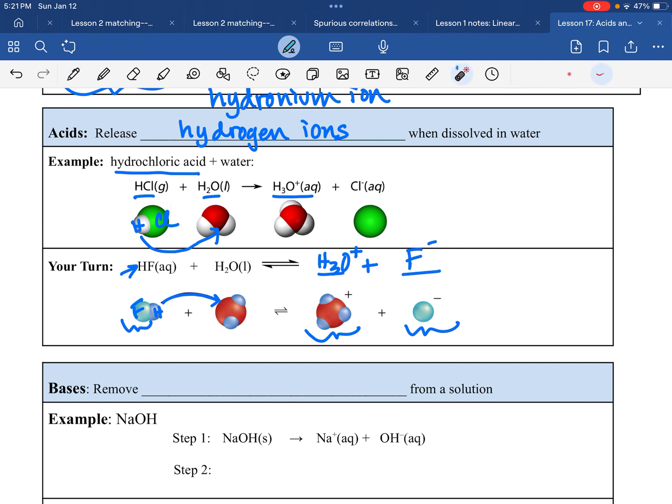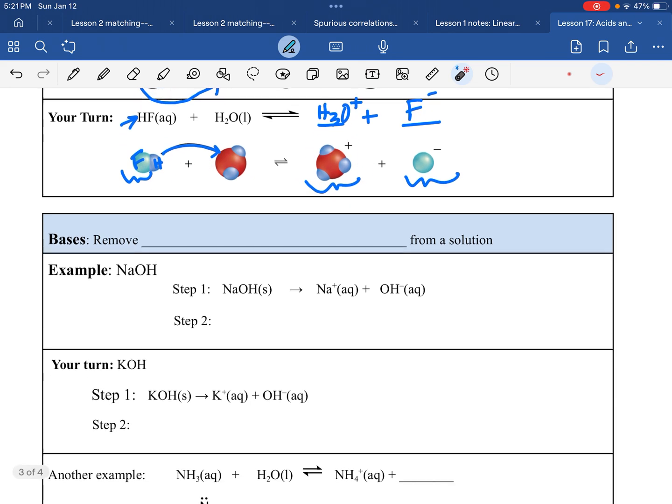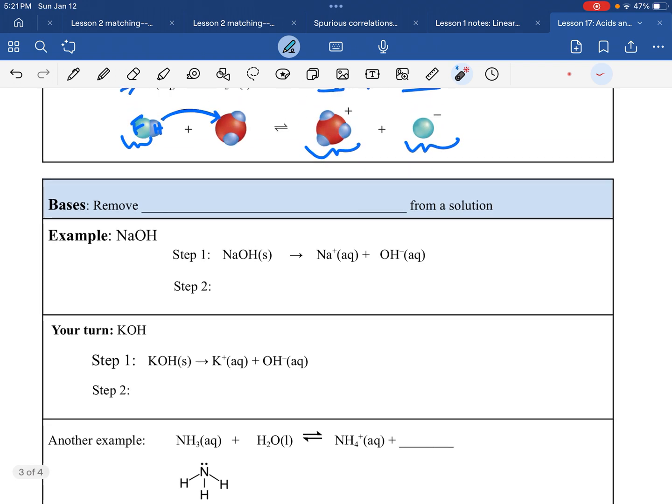It has a hydrogen ion that pops off and joins water to become hydronium. Bases are the opposite. Bases remove hydrogen ions from water or from a solution. So here's a base, sodium hydroxide.